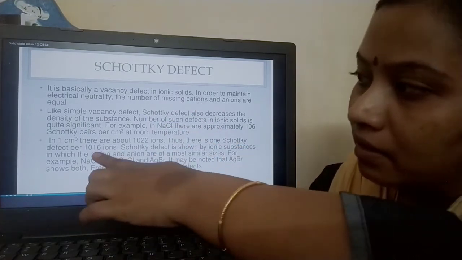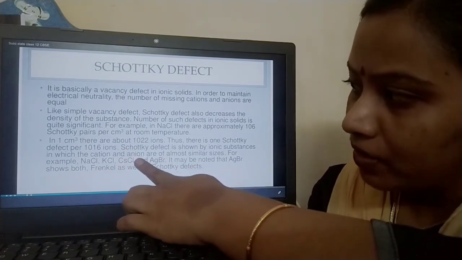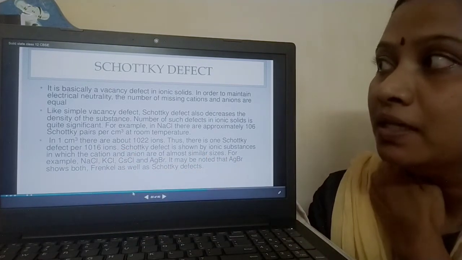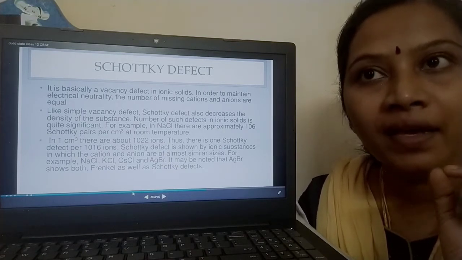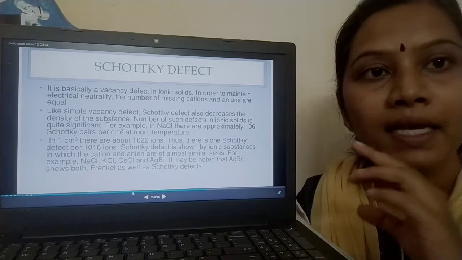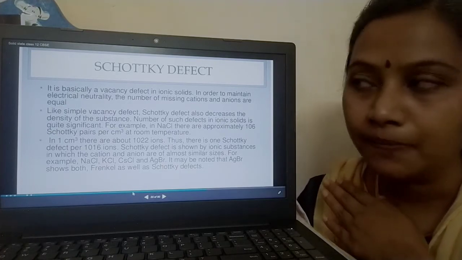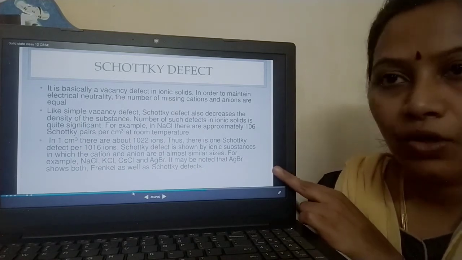Who shows this? Especially the solids where the cation size and anion size are almost similar. Frenkel defect is exhibited by those ionic solids where there is much difference between cation and anion size, especially zinc and silver, as we saw. Schottky defect decreases the density of a substance.